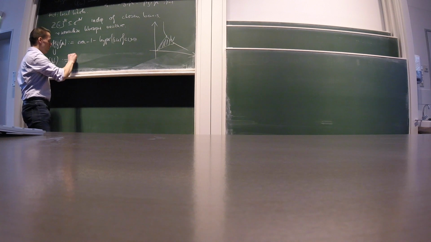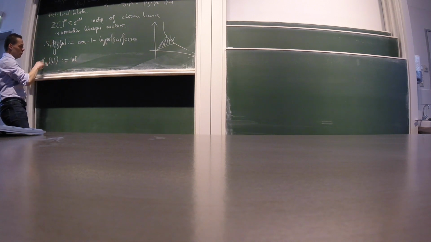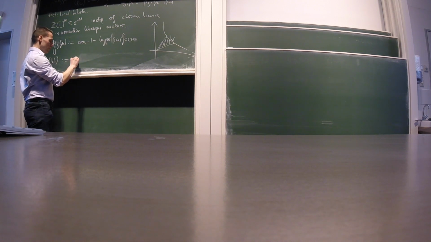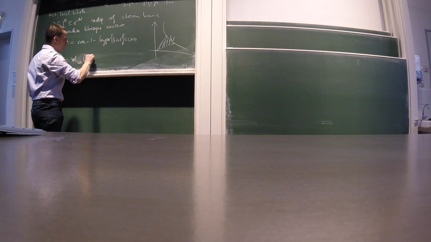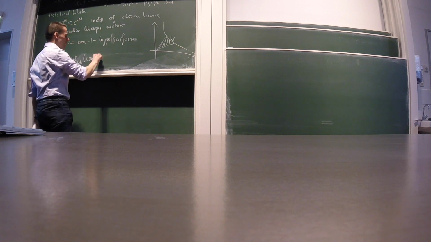So the Masur-Veech volume of that set is defined as the Lebesgue measure, that normalization, of the cone in that sense under a dome. Okay, here's the definition of the Masur-Veech volume.